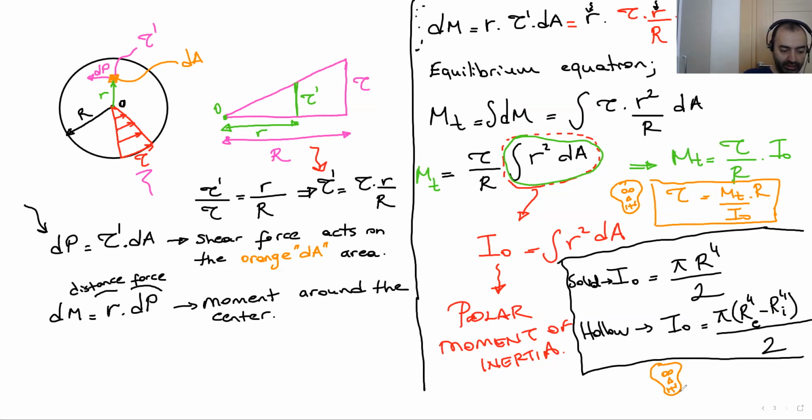So this is the shear stress calculation under torsional moment effect. Okay, we have one equation for shear stress and two equations for polar moment of inertia.